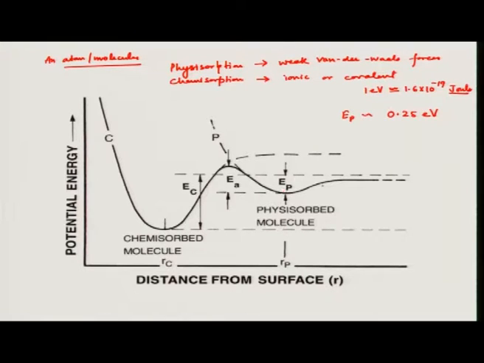And then if there is a reaction or a bonding between the surface and the atom, then it will get chemisorbed, and the energy of chemisorption is in the range of 1 to 10 electron volts. So, higher energy is required for the bonding, and in between this process needs some activation energy. To lower its energy further by chemisorption, it will need some activation energy.